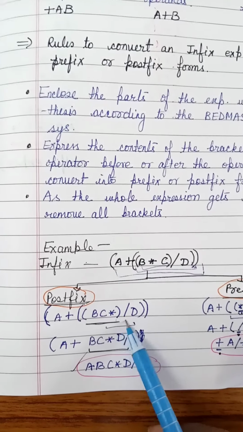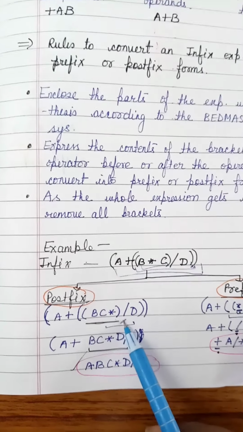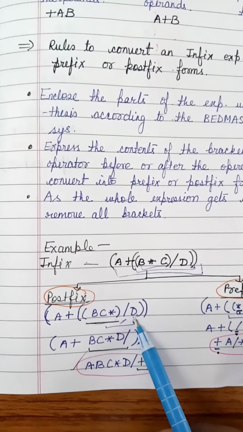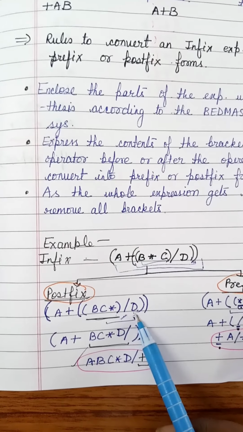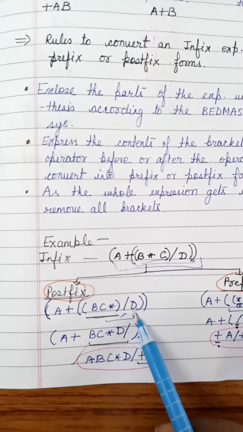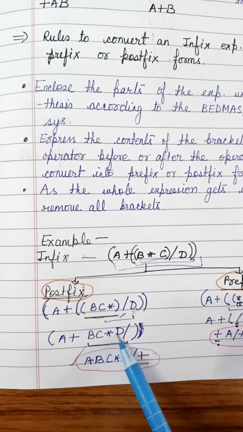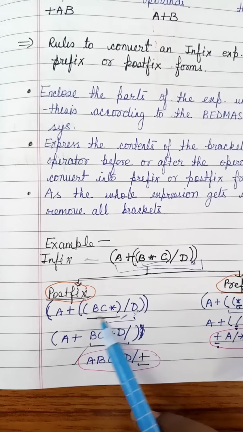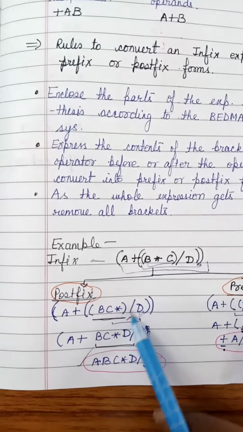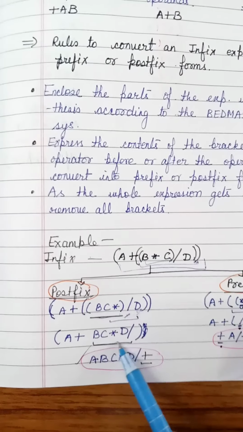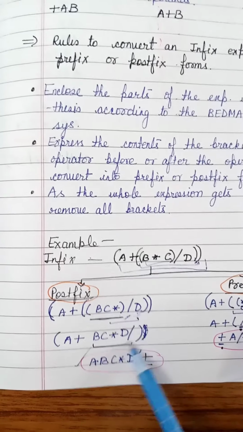Now this operator will come after d, as you have to convert it to postfix form. So bc into d, and the operator between the two is this. So this will be after the operands: bc into d upon.